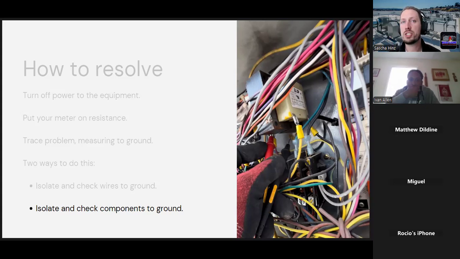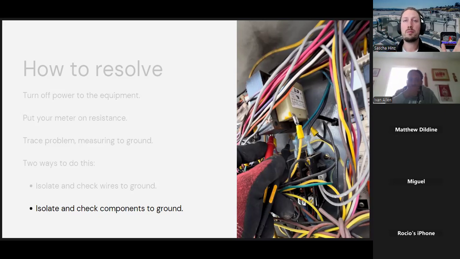But I would check L1 to ground, and let's say it's reading OL like it's supposed to. Line 2 to ground, it's reading OL. Line 3 to ground, and now we're getting a connection there. It's reading like 0.5 ohms, whatever you're getting. There's some kind of connection. You're not supposed to have any connection there. So now I know the component must be on line 3, L3.